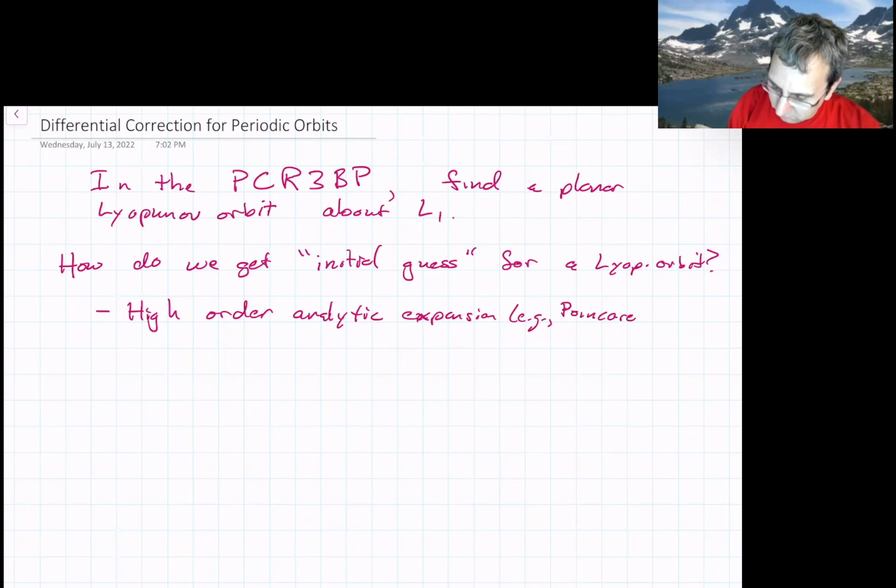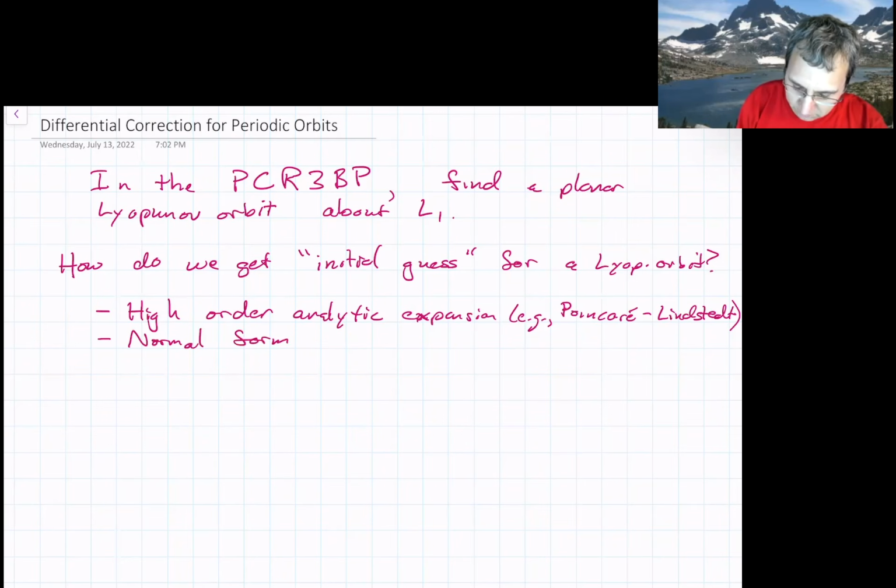So that's called Poincaré-Lindstedt, and if or when we get to halo orbits, this gets used for halo orbits. There's a good third order approximation which gets used. There's something else called normal form theory that can be used to find periodic orbits and also quasi-periodic orbits.